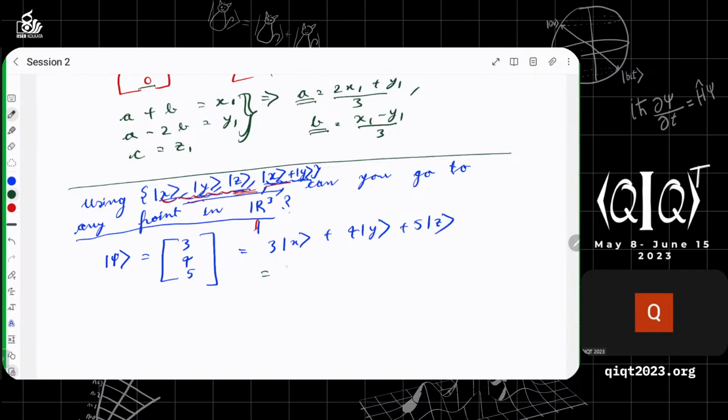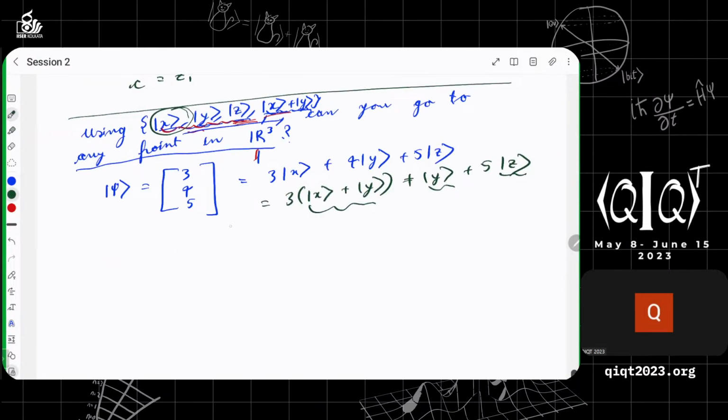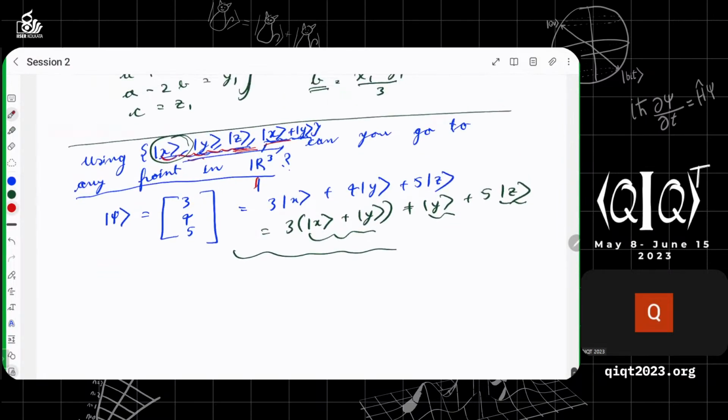For example, I can write it as 3x plus y and then y plus 5z. So in this case, I have just used these 3, x plus y, y and z, and I have not used x. So you can see that the problem in taking one more vector than what we really need is that the representation is not unique.